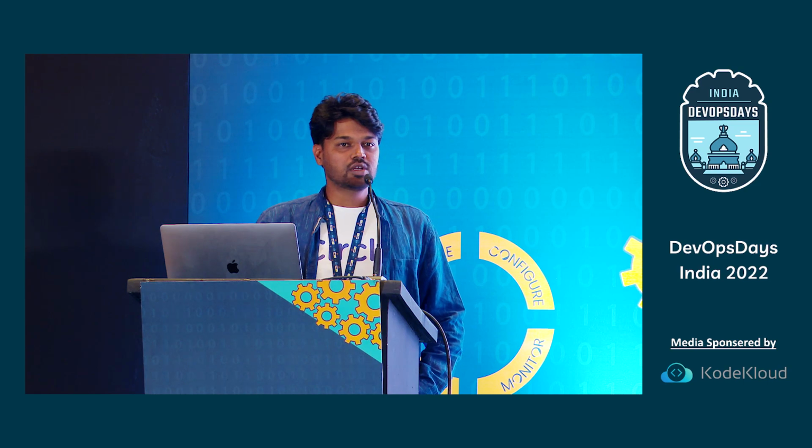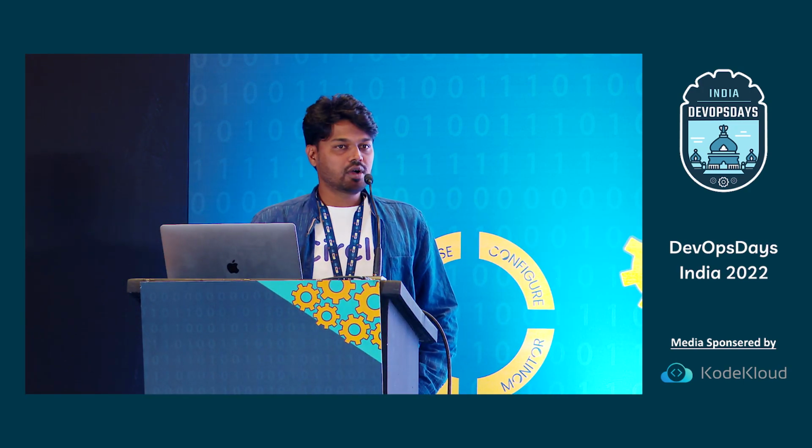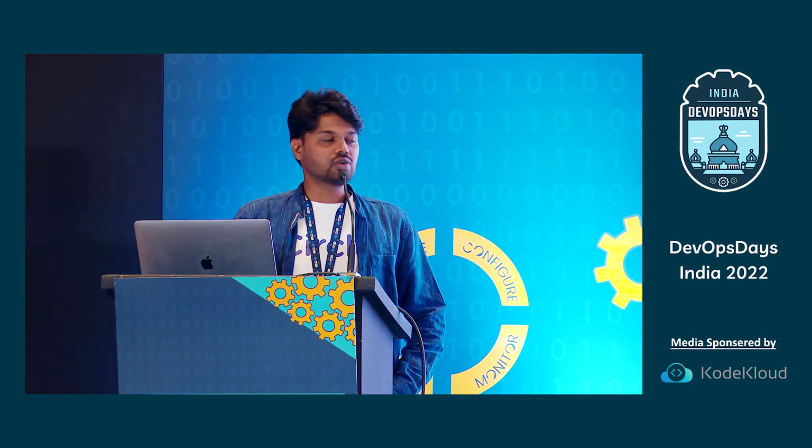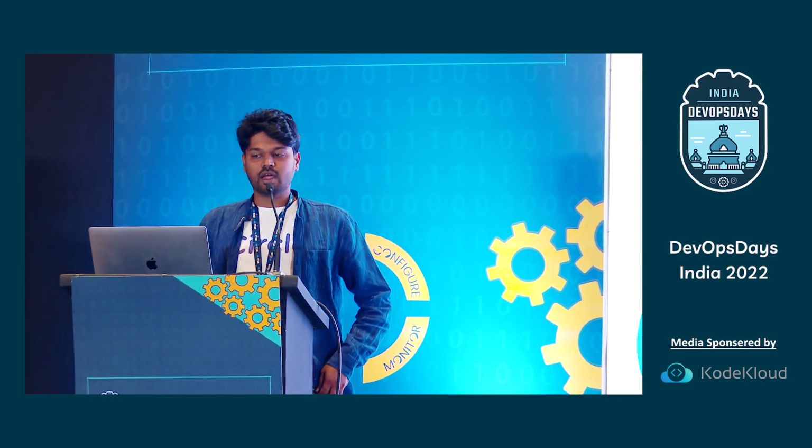But there are certain challenges when you are using a container orchestration tool like Kubernetes on this scale. So we'll check how the real challenges happen in production and a few ways to address them. Myself, I am Rahul Mahale. I work as a principal DevOps engineer at Circle, circle.so, and that's my Twitter handle.